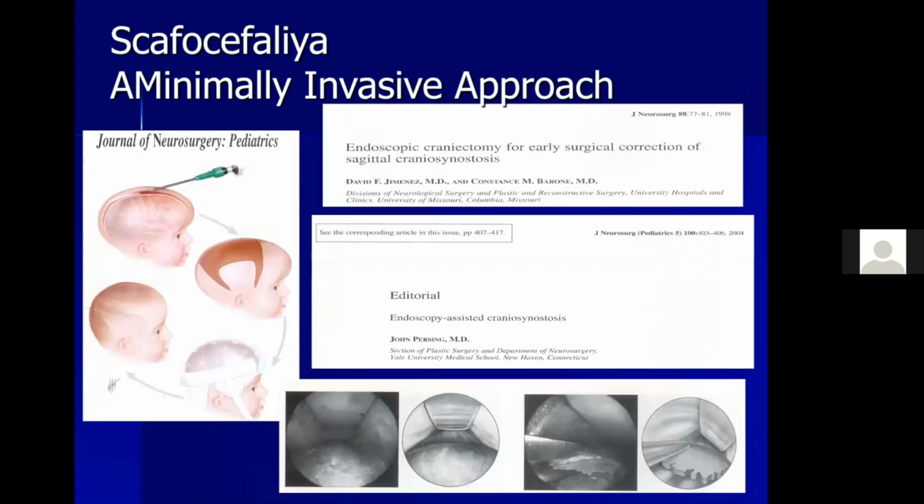Well, in recent times, there are several new techniques, like, for example, this one, a minimally invasive approach using an endoscopic assisted craniectomy for scaphocephaly.